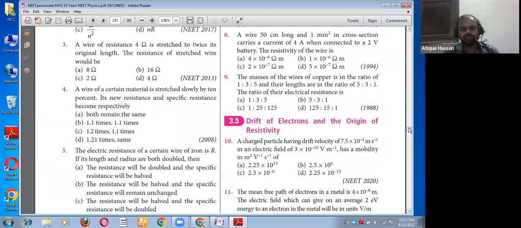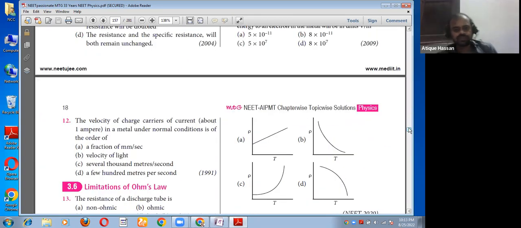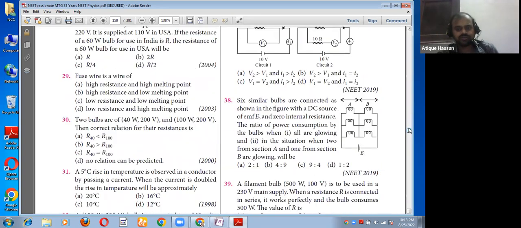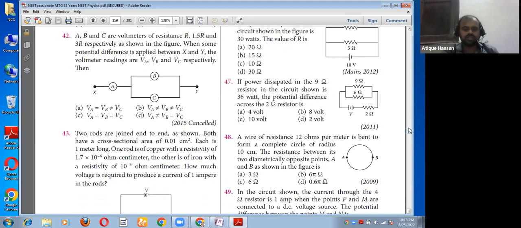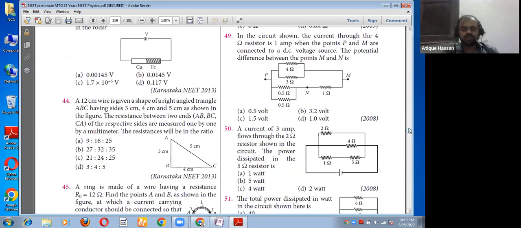So let us do some questions in which we can directly apply Kirchhoff voltage law. Generally, in NEET not many questions are asked based on Kirchhoff voltage law, but in JEE it is very important. But we should have a basic idea of Kirchhoff voltage law. Without that, we cannot solve circuits.